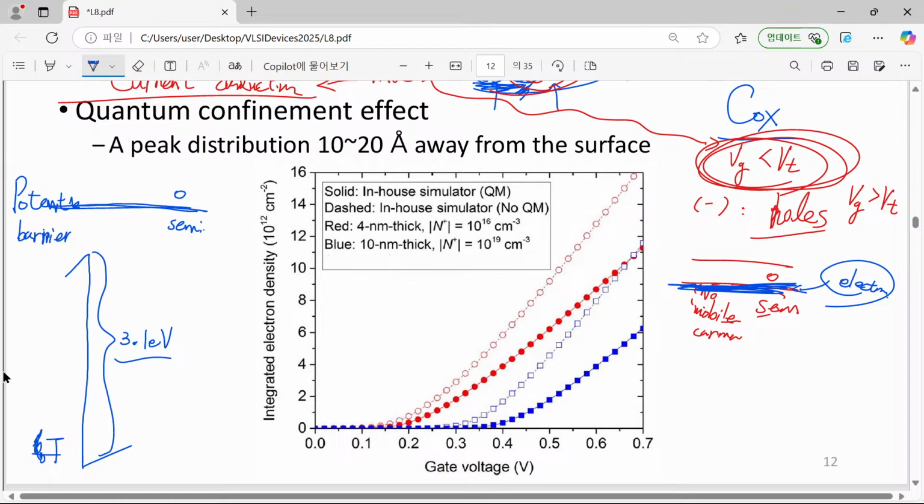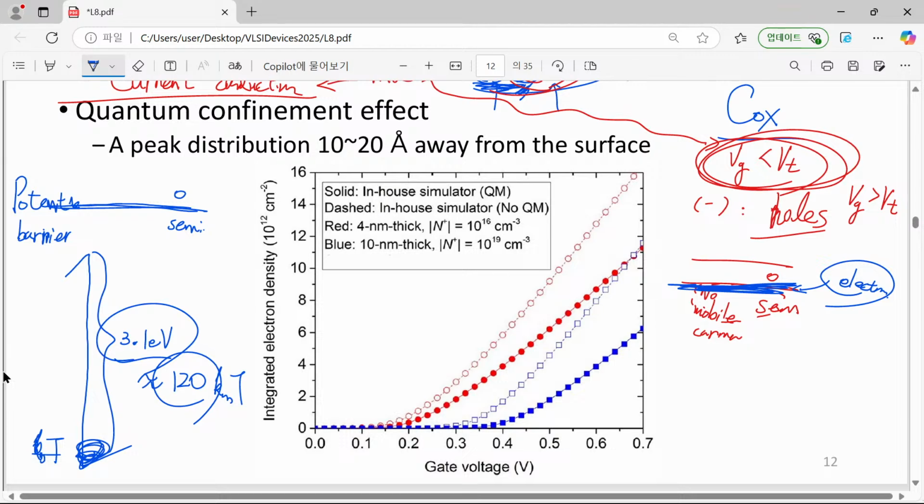But 3.1 eV roughly corresponds to 120 kBT.